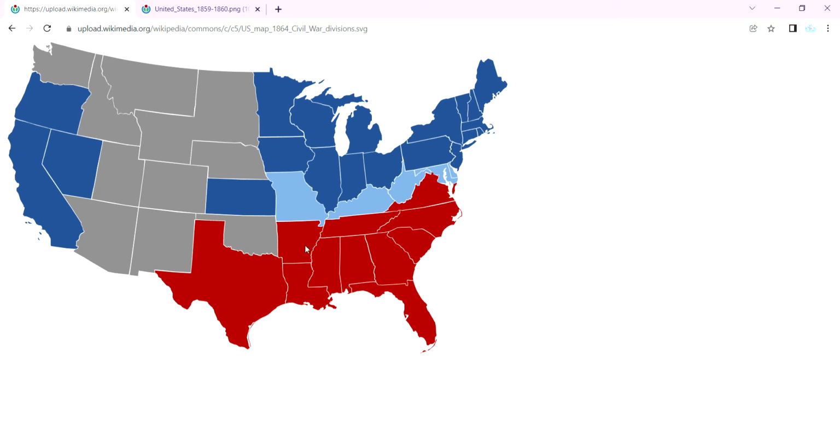We have states like Missouri, Kentucky, Maryland, and Delaware, and also West Virginia. They were all slave states, but they weren't willing to secede, so they remained with the Union.